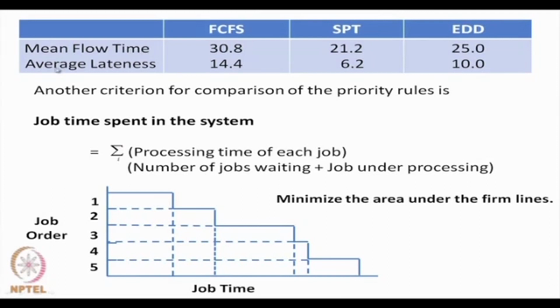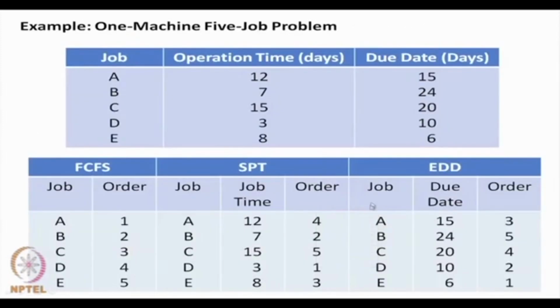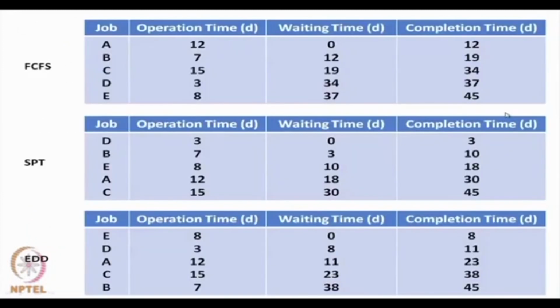If we follow average lateness as the criterion, now recall the average lateness is the average value of completion time minus the due date. The due date values are given here. So, completion times are known.